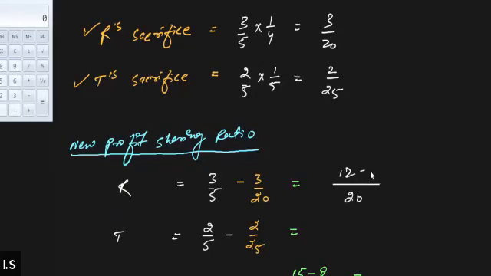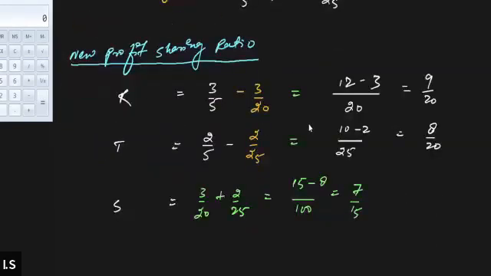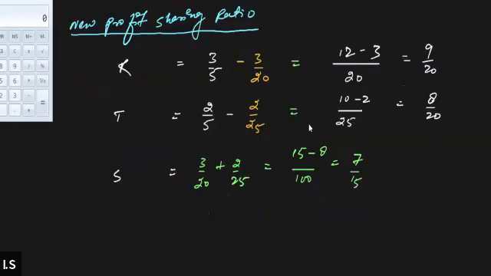And this will be 12 minus 3, that means 9 upon 20, right? And in this case, it will be 25, so 10 minus 2, it should be 8 by 20, I guess. Please confirm if it is right or wrong. Tell me if it is right.